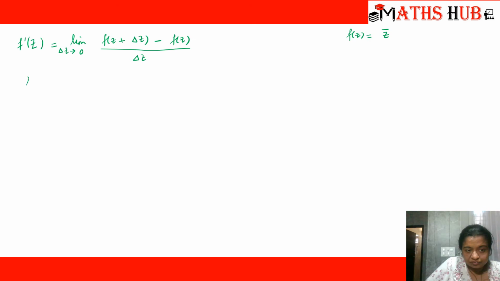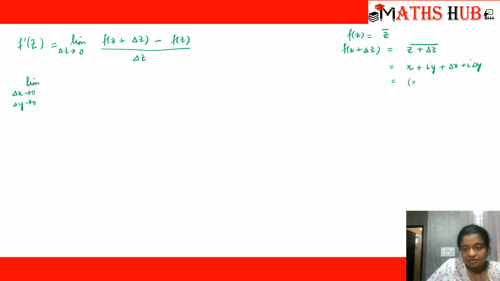So we will have limit delta z approaches 0 means delta x approaches 0 and delta y approaches 0. What is f of z plus delta z? f of z plus delta z would be z plus delta z whole conjugate. So this would be x plus iota y plus delta x plus iota delta y.